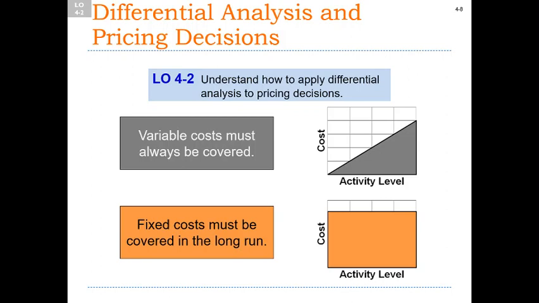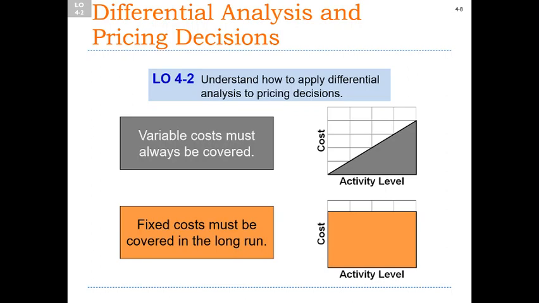They had excess capacity, and so the question was, well, because we have excess capacity, we have room to do this special order. Should we accept it even though it's below our normal pricing? And so the emphasis was, well, you should not consider fixed costs or fixed costs per unit in that decision, only variable costs.